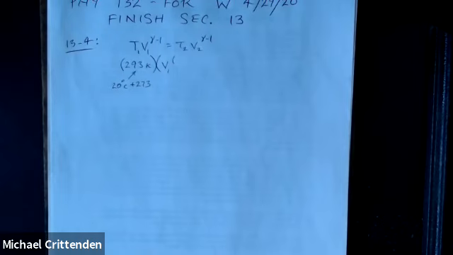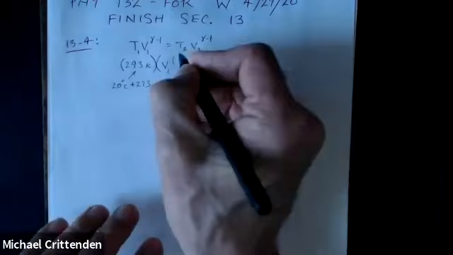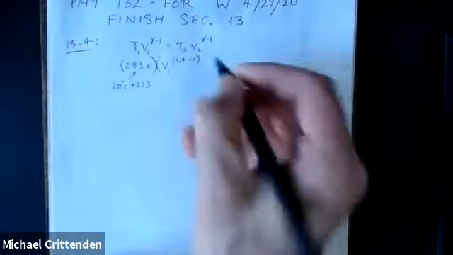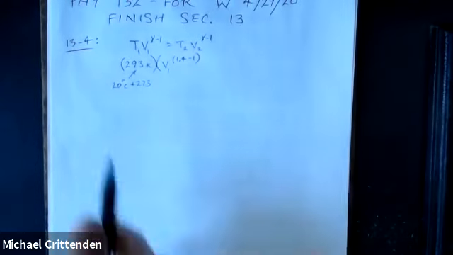So you look in the table, and gamma for nitrogen is 1.4. Gamma for oxygen is 1.4. So if you do the appropriate sort of weighted average between 1.4 and 1.4, guess what? You get 1.4 minus 1, because you got the minus 1 there.